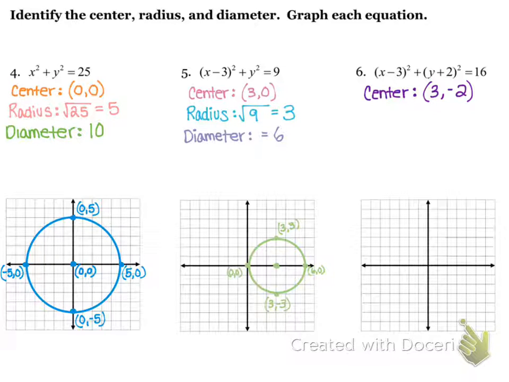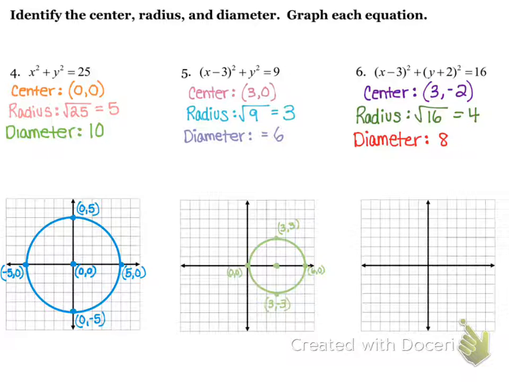My radius is the square root of 16, which is 4. And then my diameter is twice my radius, so I have a diameter of 8.